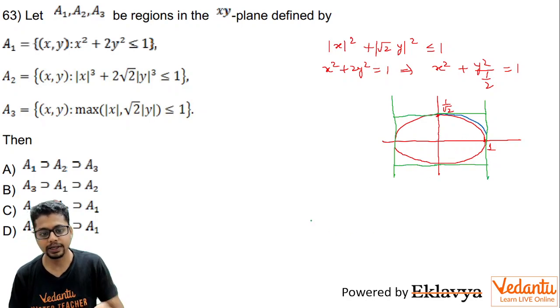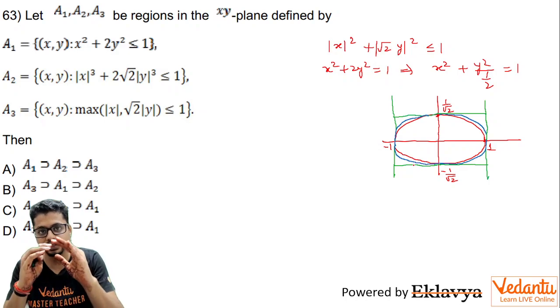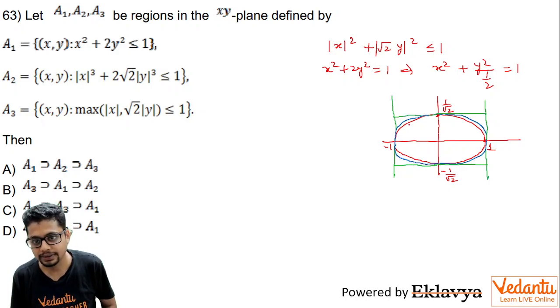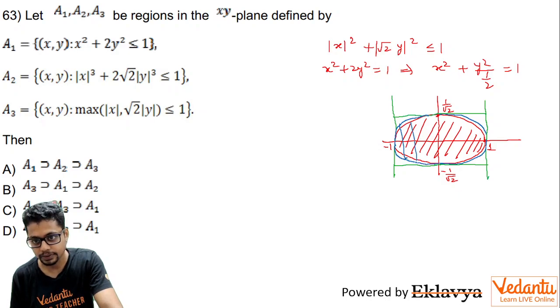If you see carefully, A3 is a superset of A2, which in turn is a superset of A1, because this region A1 lies completely inside the region A2, which is this blue part.